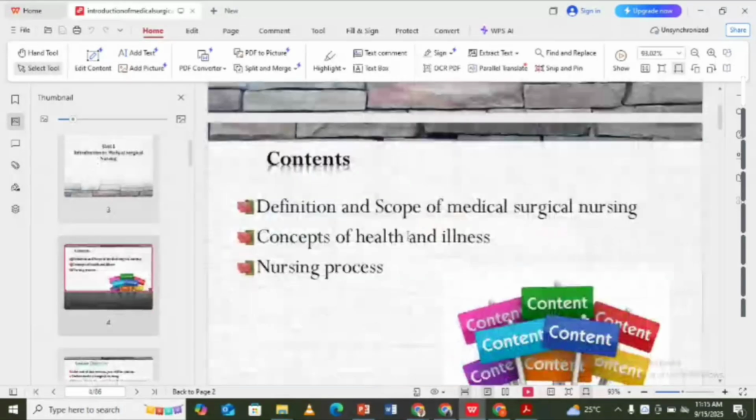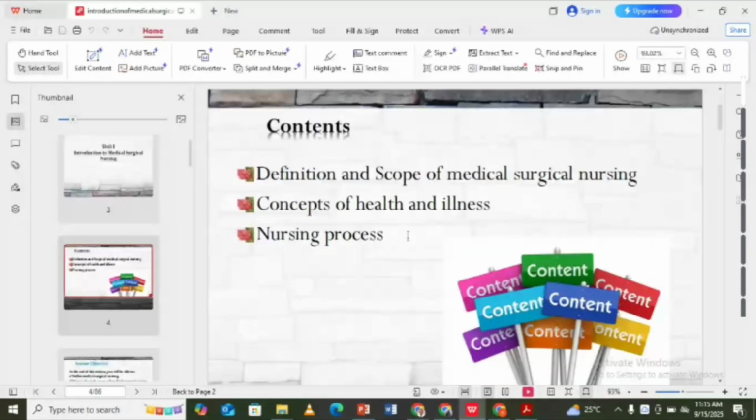We'll talk about the definition, the scope, the various concepts of health and illness, and then the nursing process. That's what is going to inform our introduction before we go to the actual discussion of the conditions.